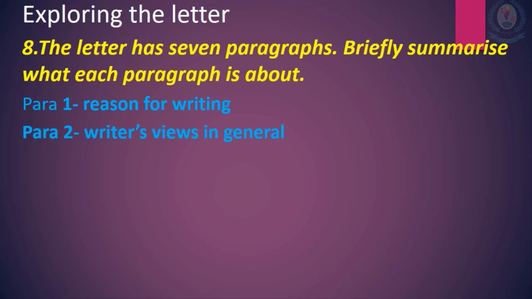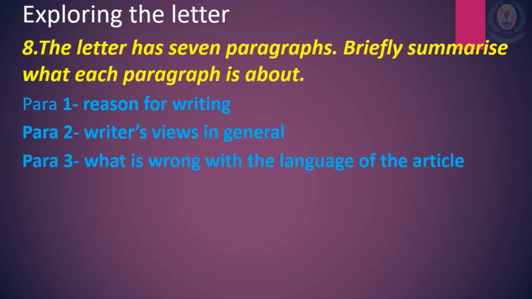Paragraph 2. From paragraph 2 we can understand the writer's views in general. Paragraph 3 says what is wrong with the language of the article. Paragraph 4. It's full of questions about scientists.